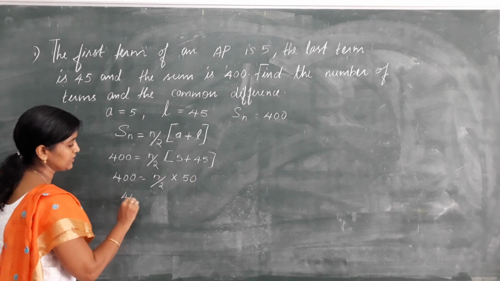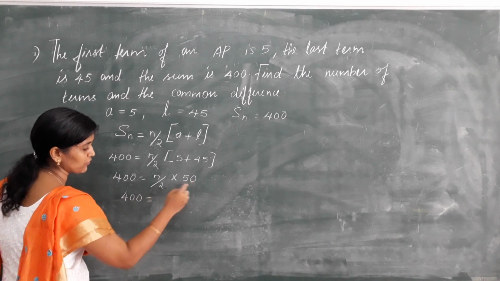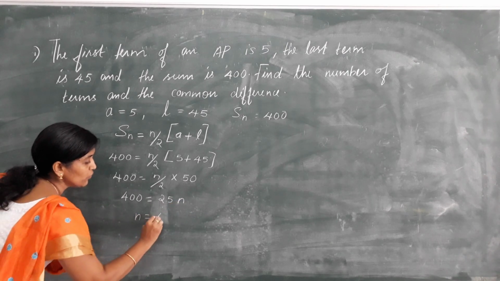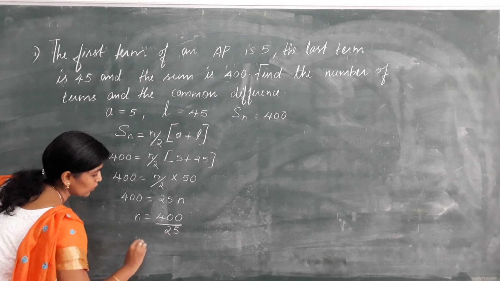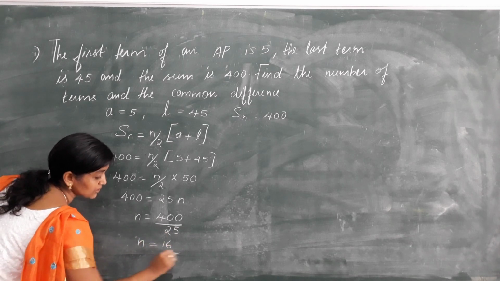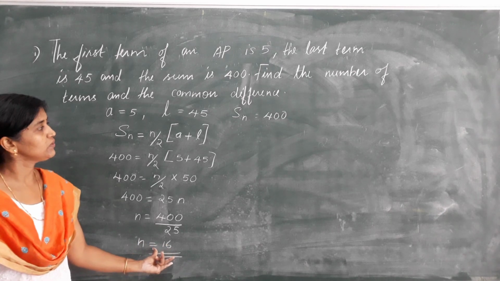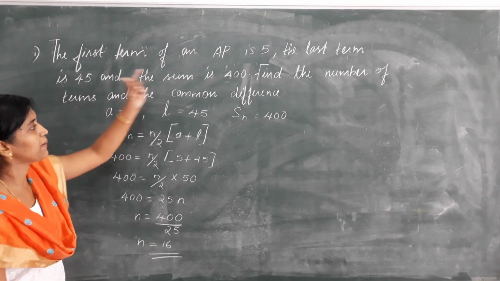Again, 400 is equal to 50 divided by 2, just 25, so 25n. So, n is equal to 400 divided by 25, which is n is equal to 16. So, the value of n is 16, which means that taking 16 terms, you will get the sum as 400 in this AP.